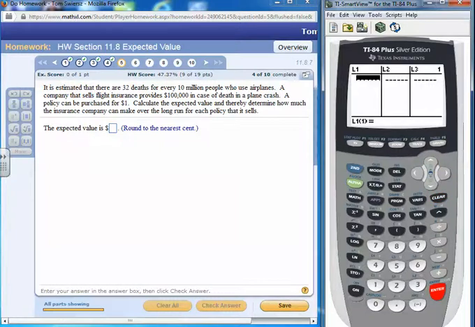All right, now, what did we say? If the person dies, the insurance company is going to lose $99,999. Okay? If the person survives the plane, the insurance company will make $1. They charge $1 for the policy, and they didn't have to pay out anything.